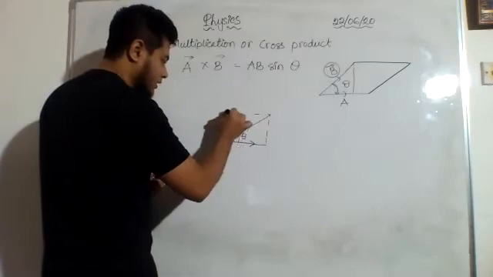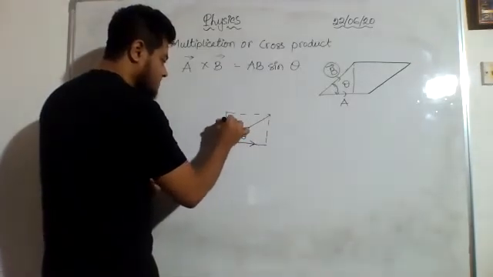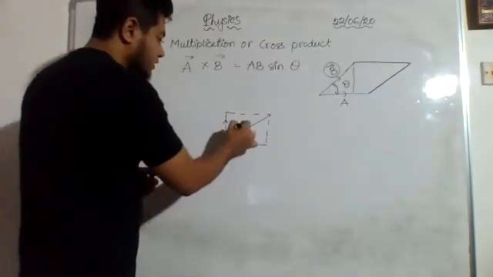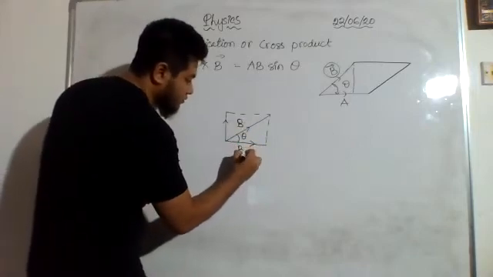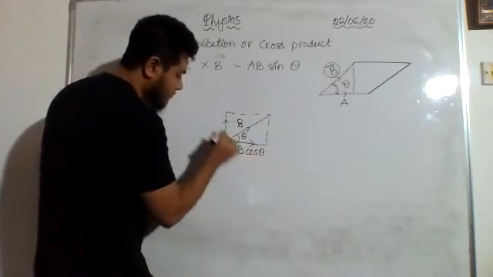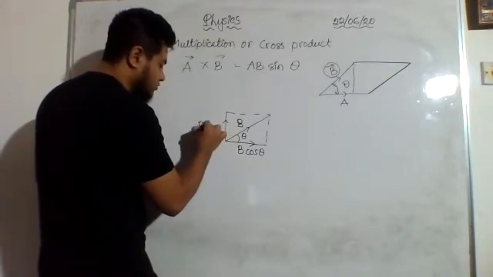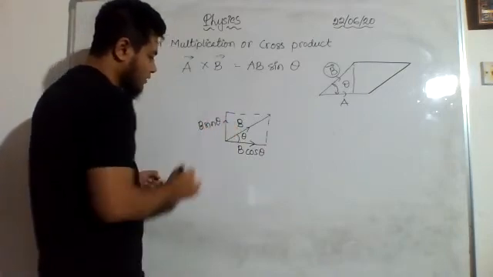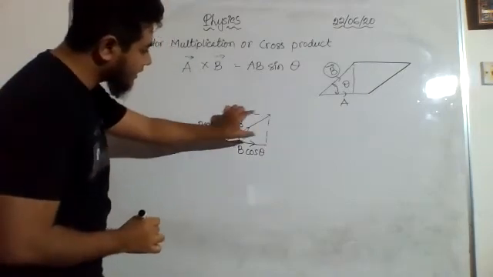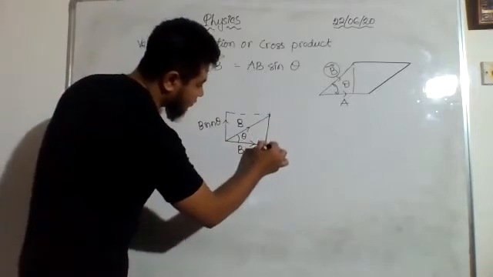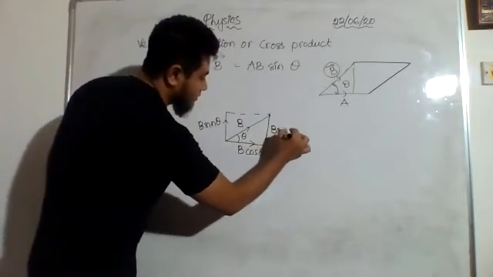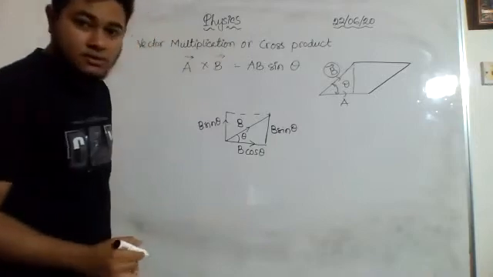Another one is along the y-axis. So now you know that if this is B vector, this is going to be B cos theta, and this perpendicular component is going to be B sin theta. So if this is B sin theta, can I say that this is also B sin theta? Yes.